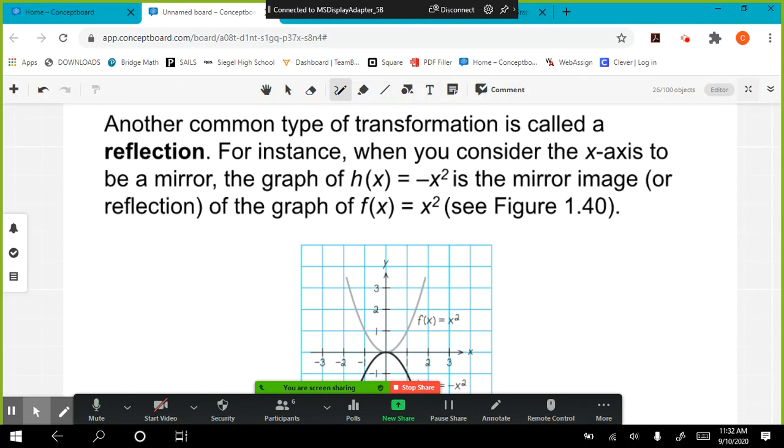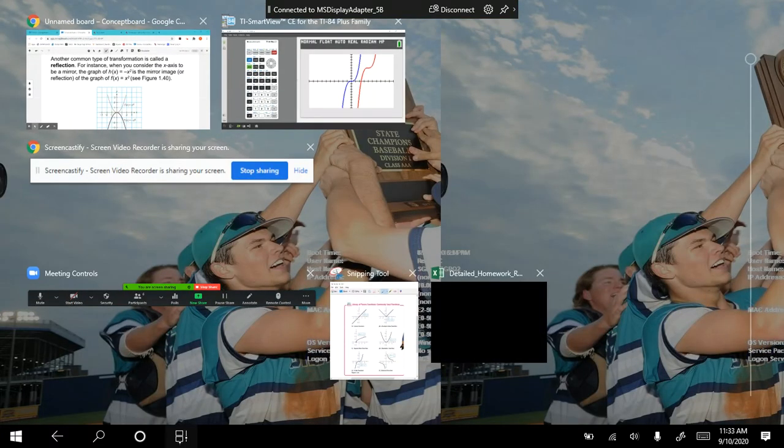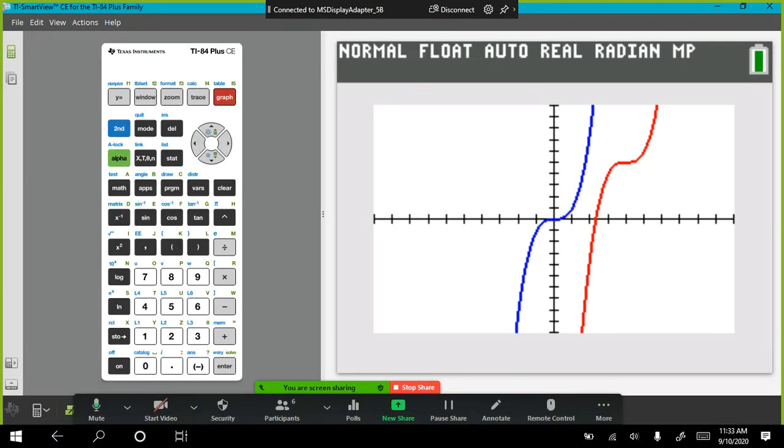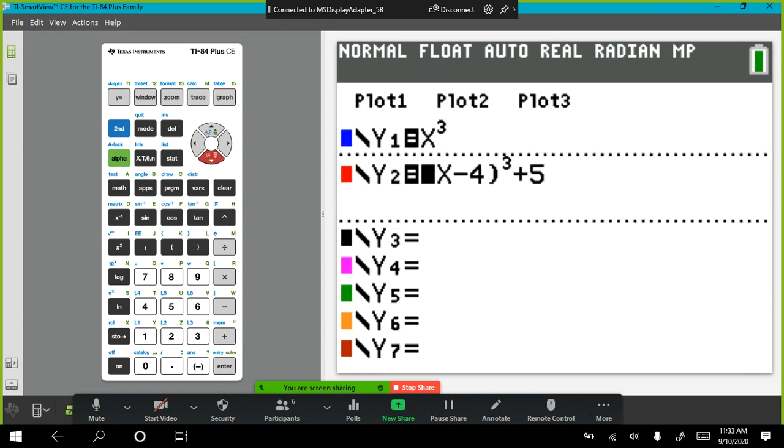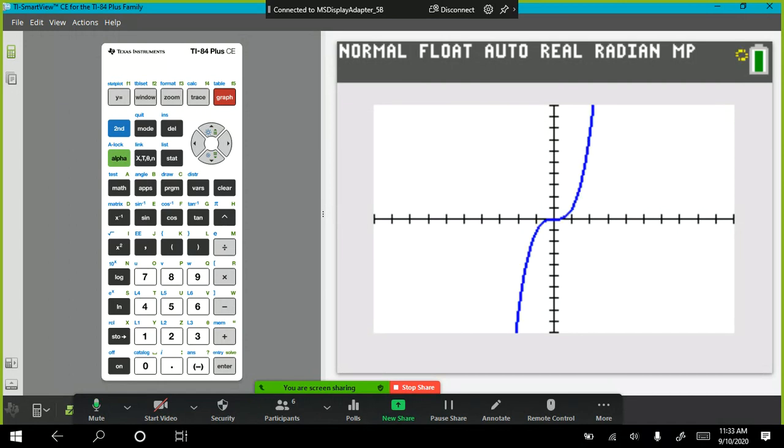If I look at this parent function, the cubic, if I clear that out and I just say the negative of x cubed, I make that function negative. Notice it flips it along. Now that one looks like it's flipping it along the y-axis, but it's actually, if you flip it heads over heels right there, it would line up perfectly with that right there.